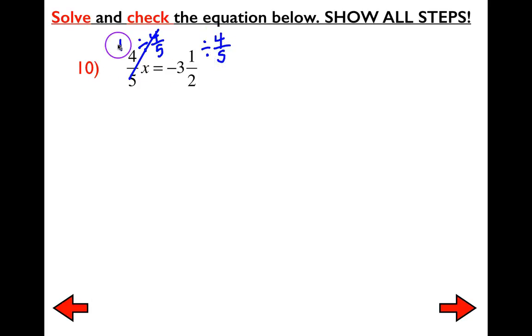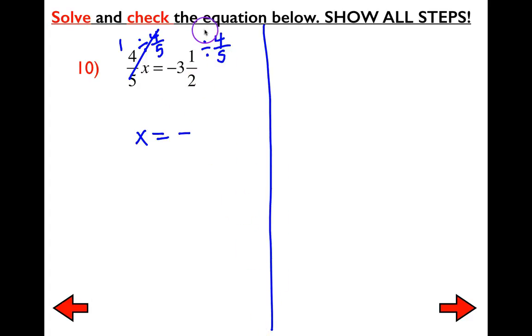So now, since this has become 1, 1 times x is x. Here, I'm going to decide right now what's a negative divided by a positive. It is a negative. Now off in my side work, because I can't figure this out off the top of my head, let's convert this into an improper fraction. 2 times 3 is 6, plus 1 is 7/2.